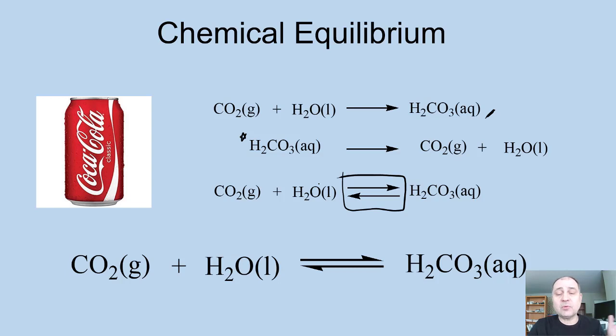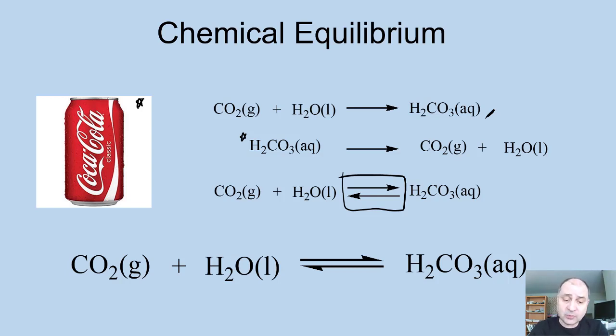So you have some sort of forward rate and some backward rate. If you seal this off, like in this can, you prevent the carbon dioxide from escaping, and you will come to a chemical equilibrium. You will have a moment where the rate of formation is equal to the rate of decomposition, and at that point you can measure the concentrations of each of these reactants and products, and they will not change.